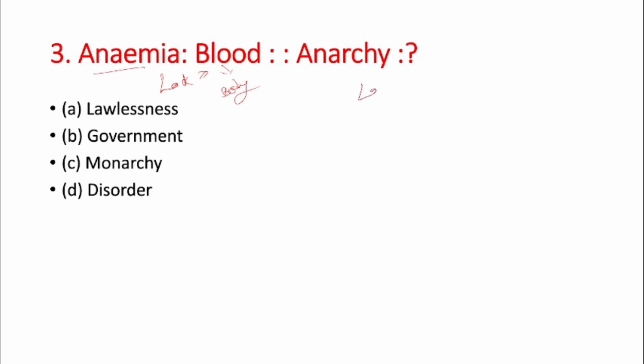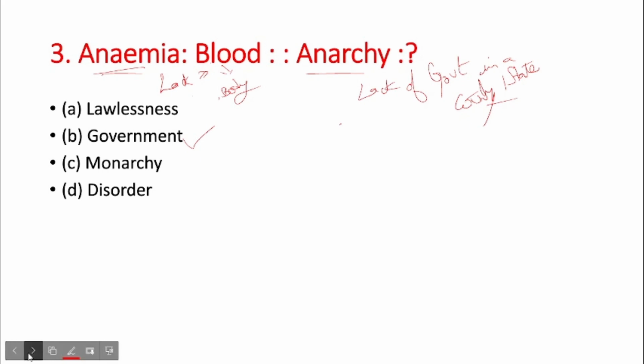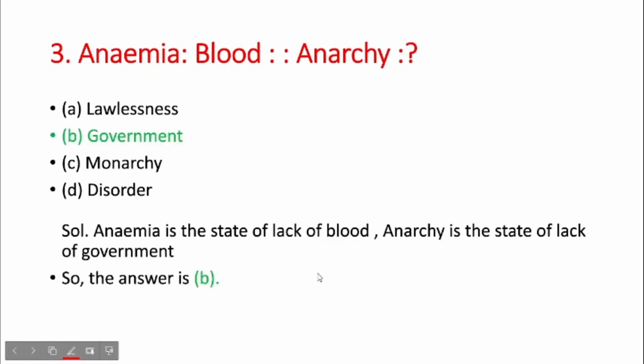Anarchy means lack of government in a country or state. So the answer would be B, government. Anemia is the state of lack of blood. Anarchy is the state of lack of government. So we'll see the next question.